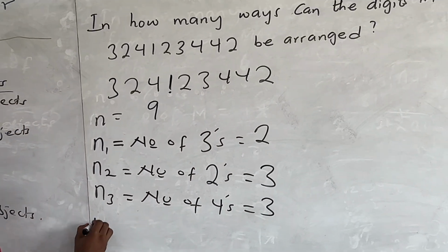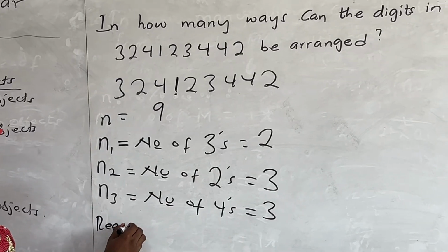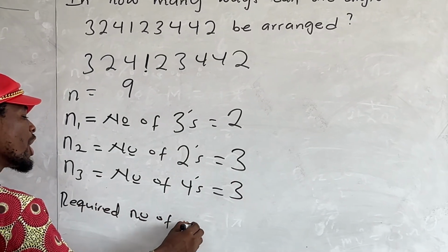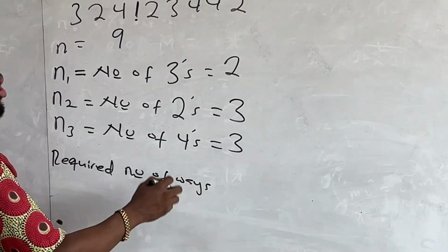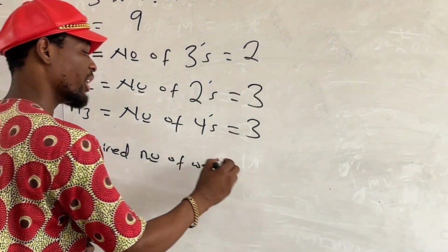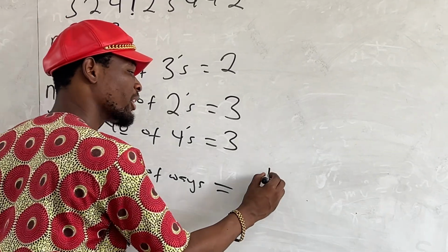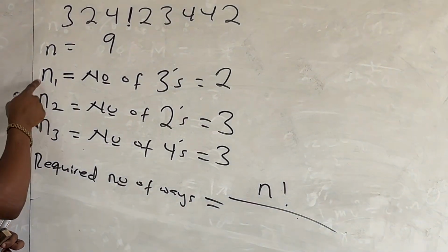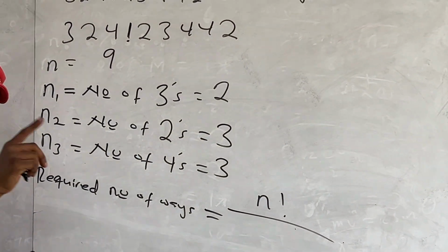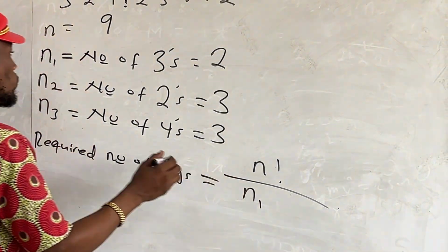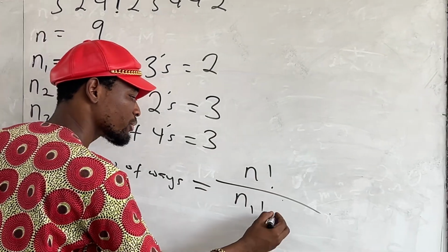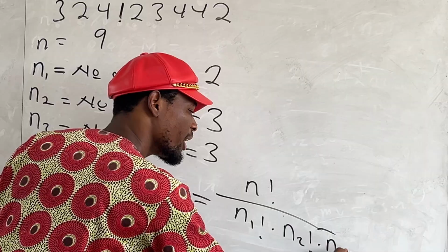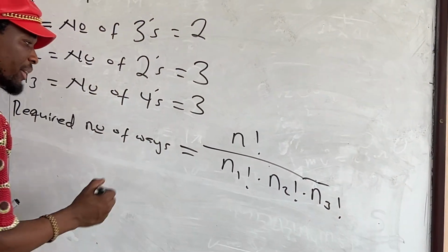So you can say the required number of ways of arranging the digits is given by n factorial over the product of the numbers occurring more than once, which is n1 factorial times n2 factorial times n3 factorial, right?